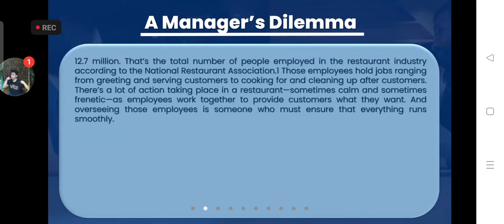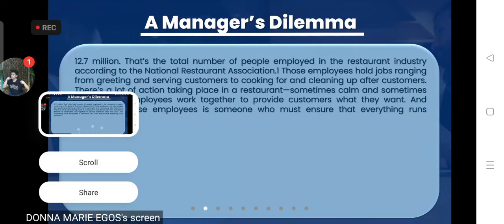So let us first read A Manager's Dilemma. 12.7 million: the total number of people employed in the restaurant industry, according to the National Restaurant Association.